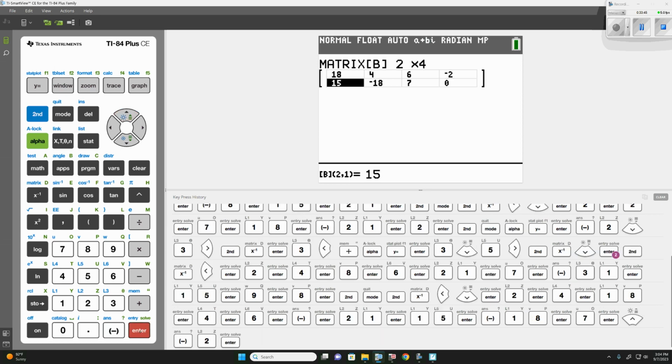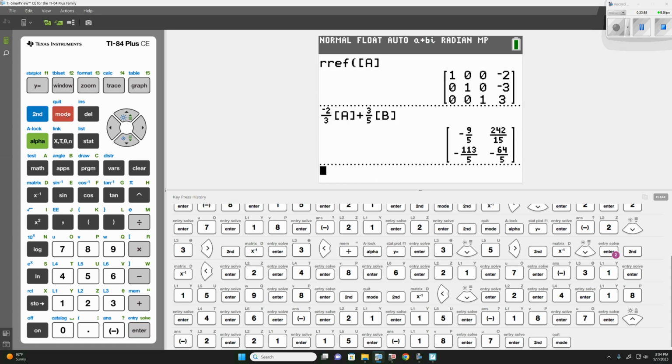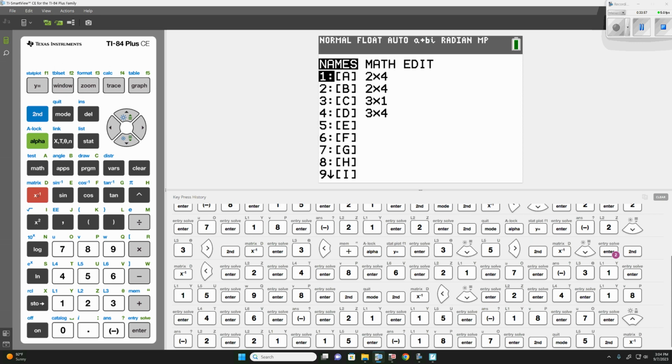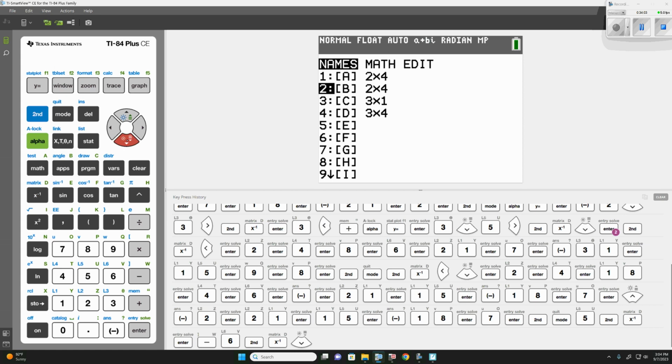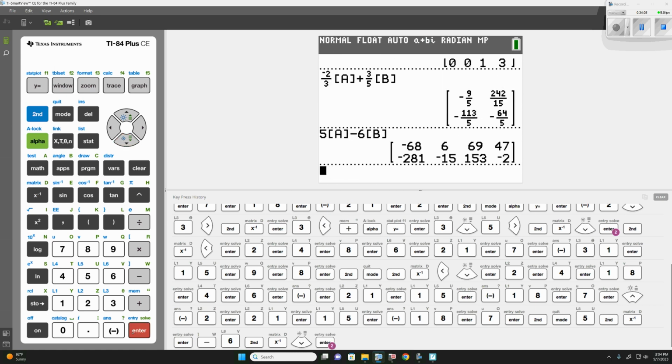Second quit. Now for 36, it was 5 times the first matrix we plugged in, -6 times our second matrix, matrix B. And we get this here. Questions on these here?